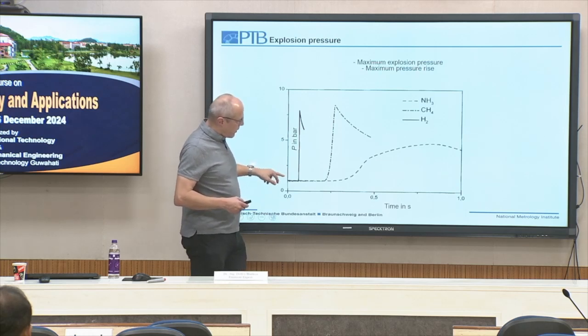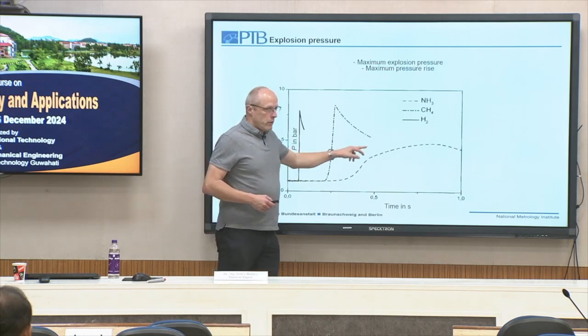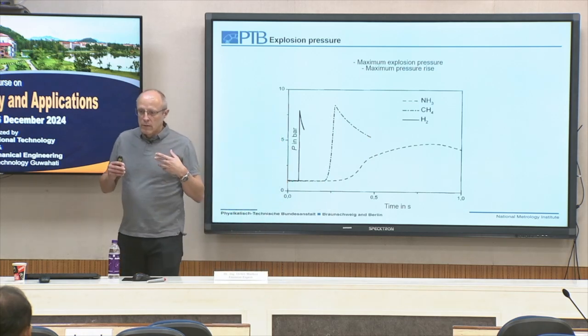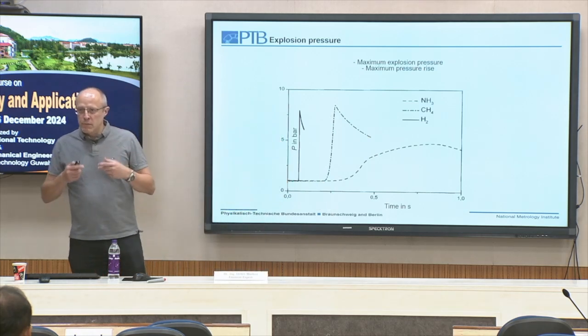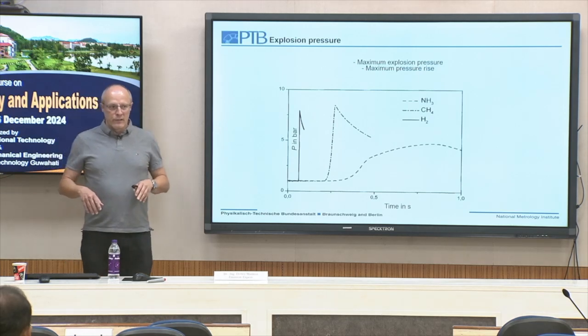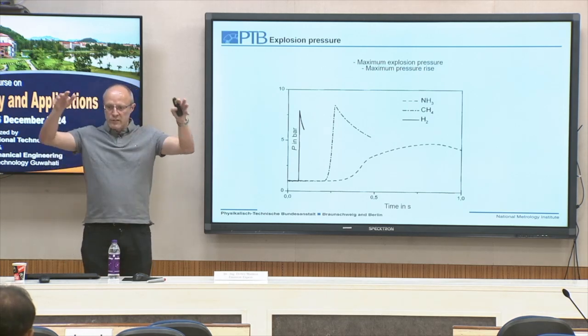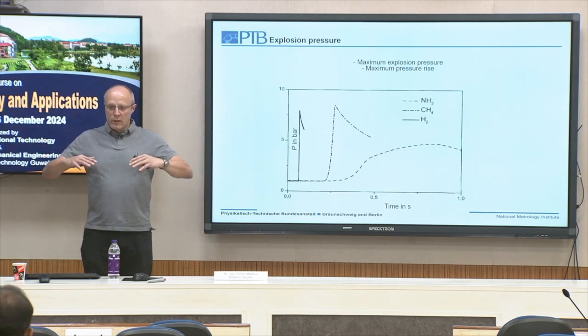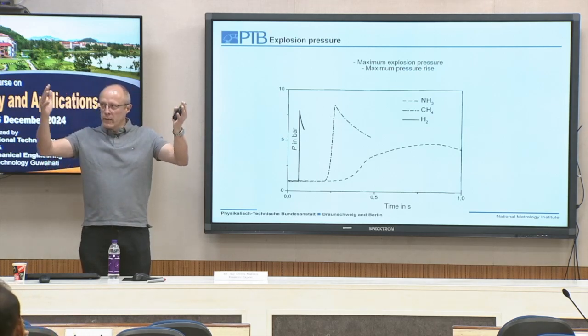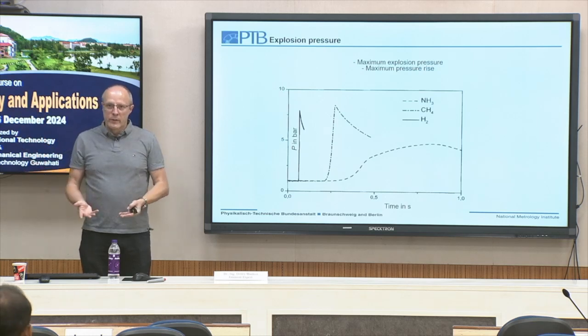And in case of ammonia, ammonia flames are very slow, normally in the range of 6.5 centimeters per second. Again, buoyancy dominated, so when we see an ammonia flame in a large cylindrical vessel, we see a flame which goes up, hits the upper wall, and then goes down at the side.